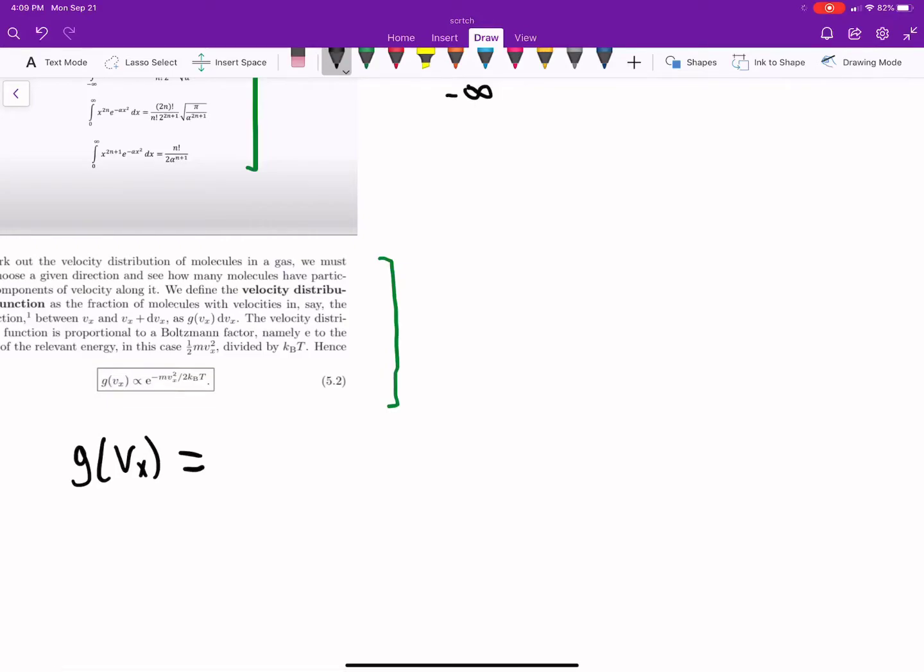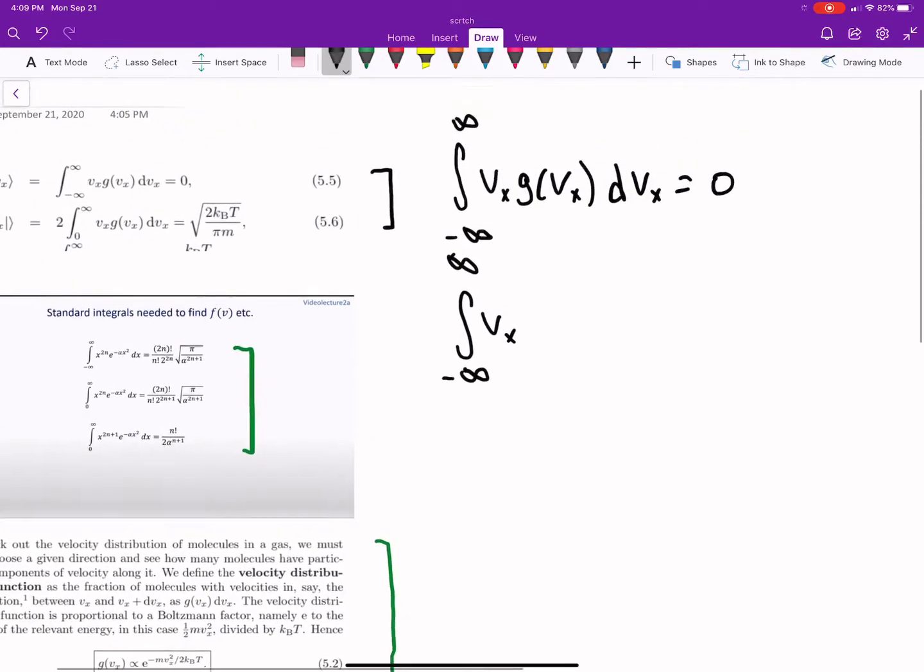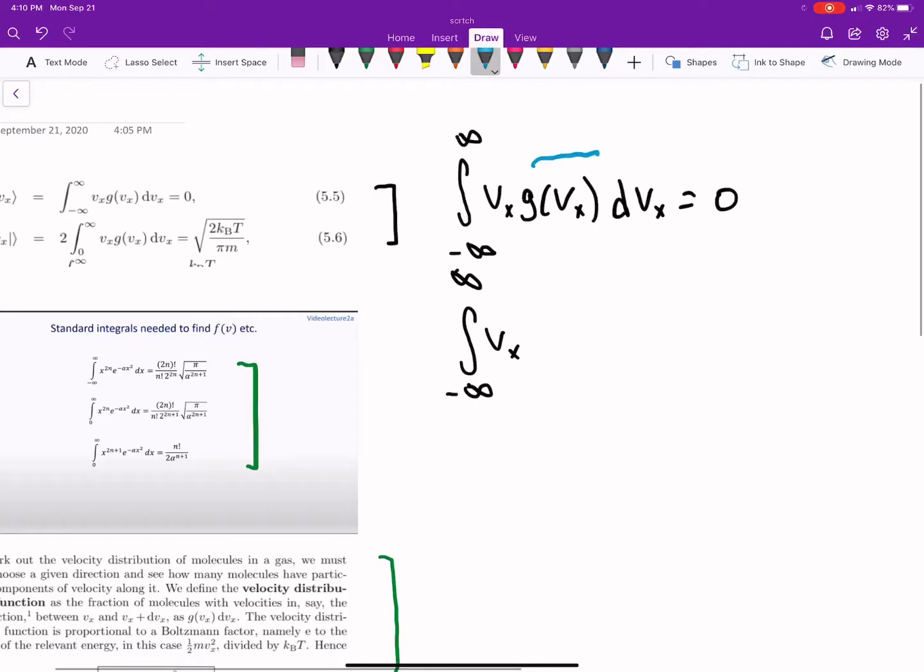this is something that we worked out earlier, is the square root of m over 2 pi the Boltzmann constant times the temperature, times e to the minus m vx squared over 2 kBT. So that's this whole part. That's this.